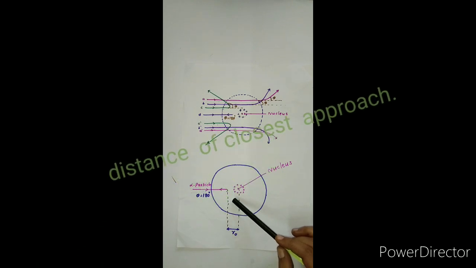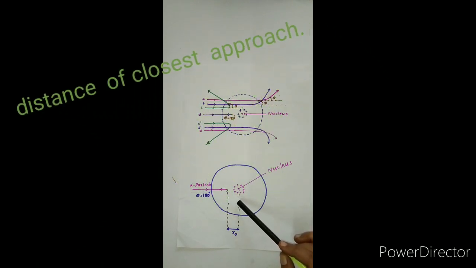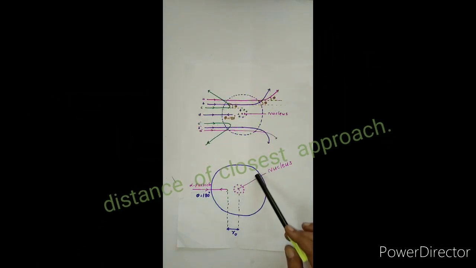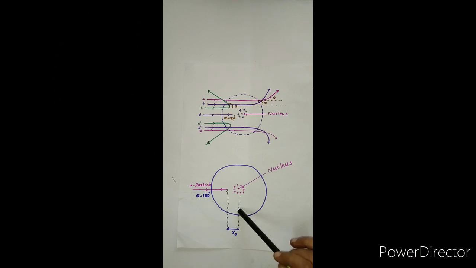In this experiment, you studied the structure of the atom. So the next heading is distance of closest approach. In the alpha particle scattering experiment, one or two alpha particles pass straight and stop for a moment from the center of the nucleus. It experiences Coulomb repulsive force because both are positively charged particles.